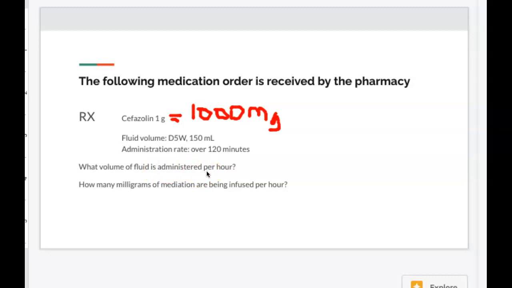So what volume of fluid is administered per hour? Okay, let's take a look at that. I'm going to try and write this out. So let's start with our volume over time. So we have 150 milliliters over 120 minutes.